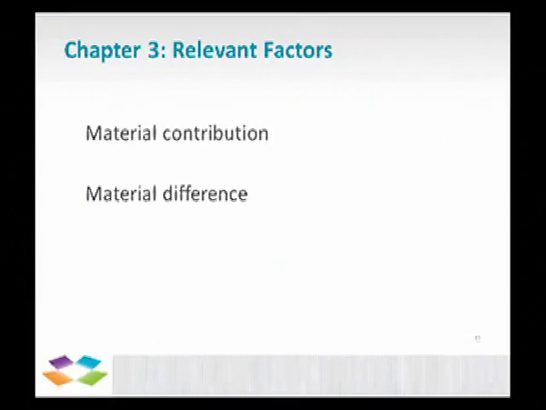The second criterion is that there should be a material difference in the factor's contribution to the impacts. Simply stated, a relevant factor is a factor that is important to the comparison of the priority product and the alternatives. The guide provided examples to clarify this definition.